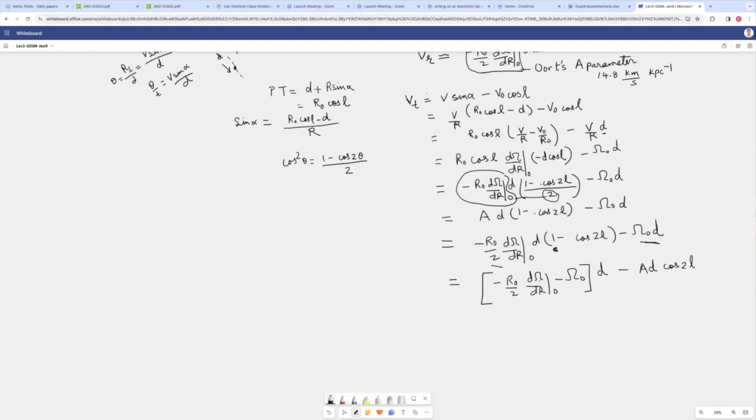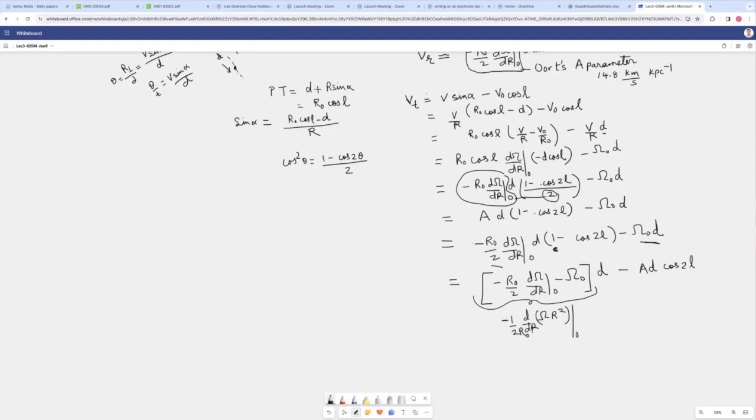Okay, now let's look at this. Can we simplify this, combine this? It turns out we can write this term as d/dr of omega r squared, with a negative sign, and 2 r naught, evaluated at r naught, the solar position.